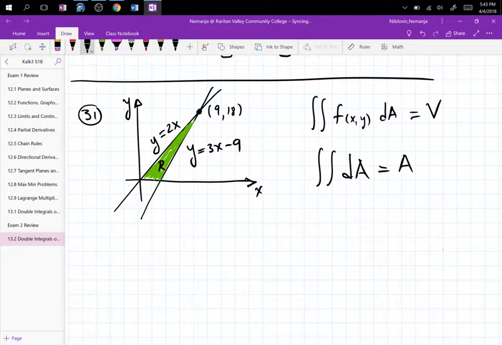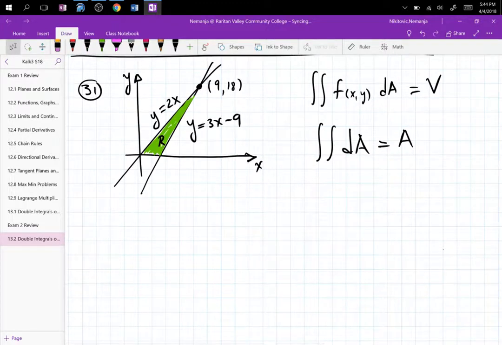Now, the z function, the f of x, y, right, will tell us which way the function curves on the top, right, what it looks like in terms of our functions. Now, problem 31 is not giving us any functions. They just give us a region and say compute the integral. Therefore, they want the region. They want the area of the green region, right? So we are going to set up our integral.